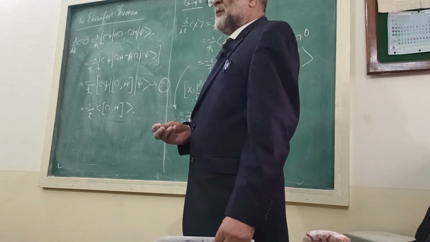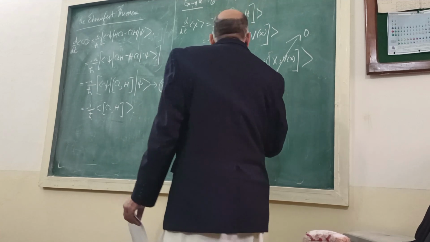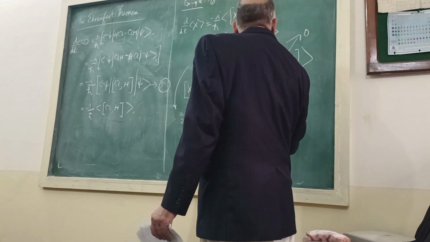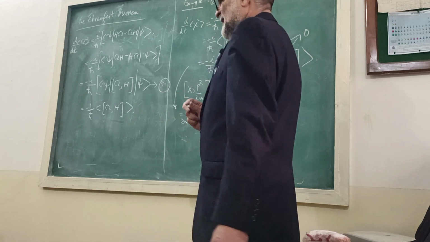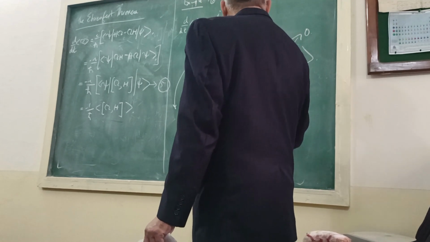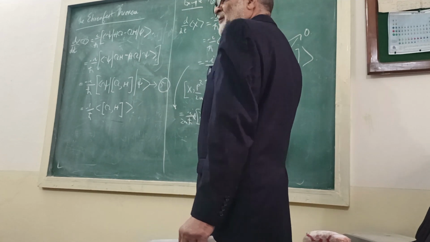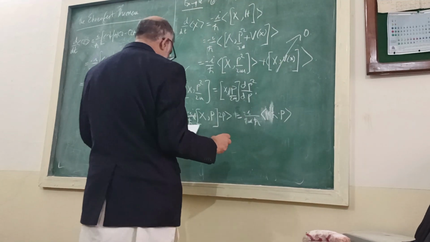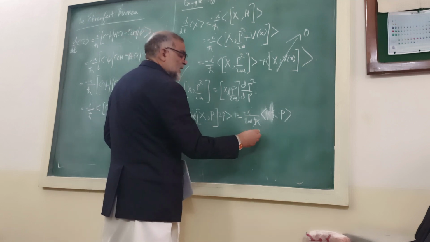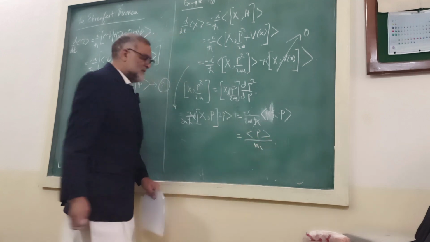Do you remember it? i h cut. And 2 is gone, so I will write p here. Minus 1 multiplied by minus 1 becomes plus, and h goes with h. So it will be p divided by m.